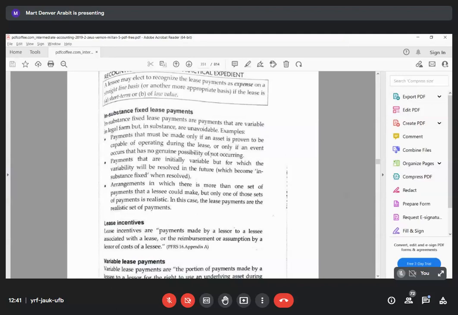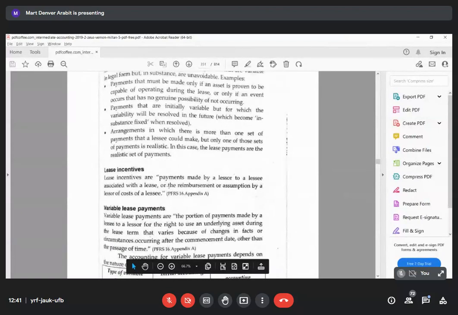Next is payments that are initially variable, but for which the variability will be resolved in the future, which becomes in substance fixed when resolved. And lastly, arrangements in which there is more than one set of payments that a lessee could make, but only one of those sets of payments is realistic. So in this case, the lease payments are the realistic set of payments. Okay, so those examples we will see later.